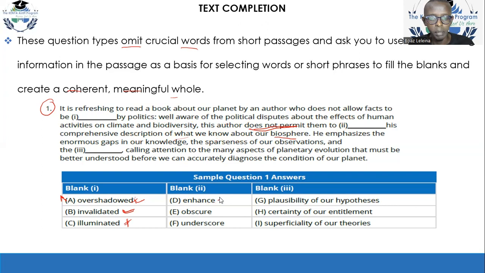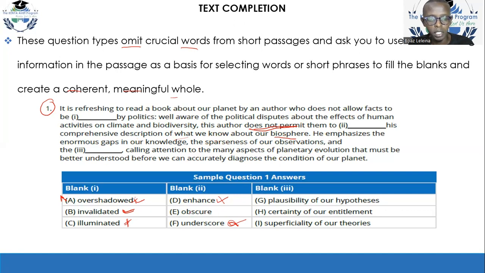Enhance is to make something better, improve the quality of something. So does he not permit them to enhance his comprehensive description? Not really. Let's look at underscore. Underscore is to highlight something, to show the importance of something. So does not permit them to show the importance of his comprehensive description? Not really.